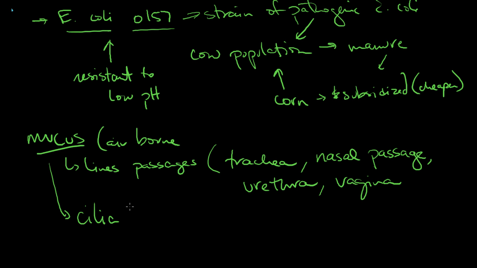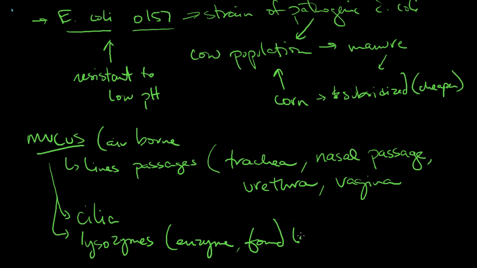We often talk about them as things to help cells move, but these cells aren't moving. What they're doing is kind of pushing the mucus up and out of the body if it's filled with pathogens, and these cells that make the mucus make lots of lysozymes, which are a type of enzyme found in lysosomes, which we'll talk about, but these are parts of cells that lyse, so think about hydrolysis, right?